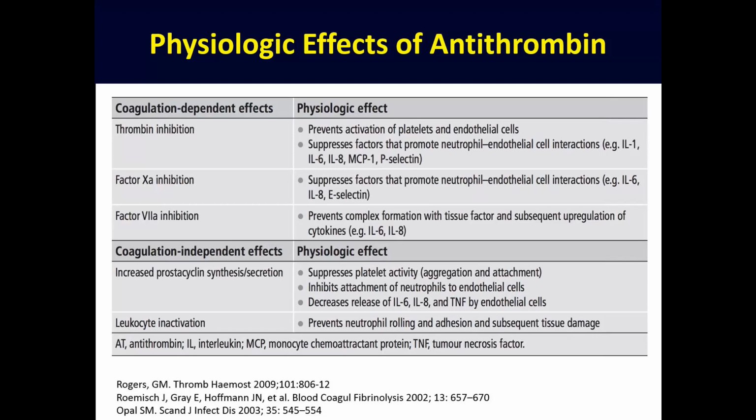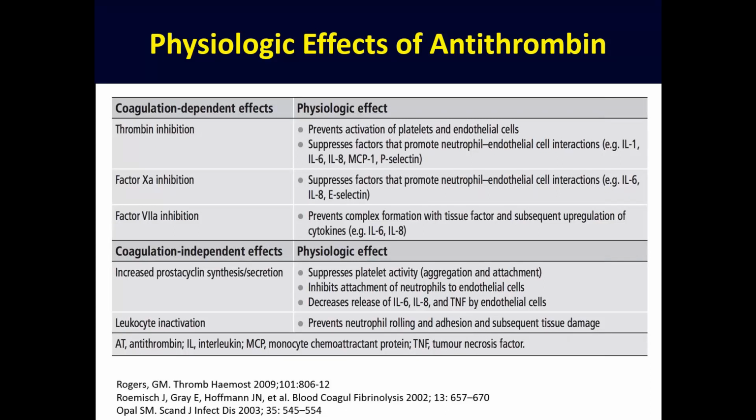This slide shows you a very intriguing aspect of antithrombin that we don't necessarily, I think, fully appreciate at this point in time. And that is the so-called other or pleiotropic effects of antithrombin. We know that it has coagulation-dependent effects of thrombin inhibition and inhibition of other serine proteases. But what are the secondary effects of those effects?